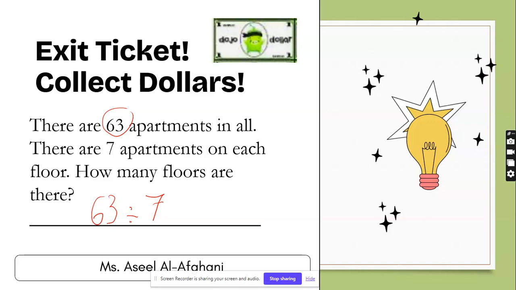So 63 divided by 7 will give you the number of groups, the number of floors, which is what? Which is 9. So I have 9 floors, right? I have 9 floors. Bravo, you got it. I have distributing objects equally into groups, and I want to know how many groups I have since each group has 7 objects. Okay, here is the point.